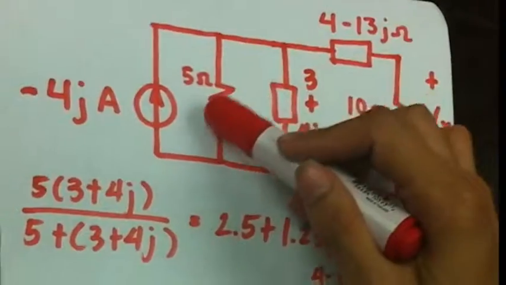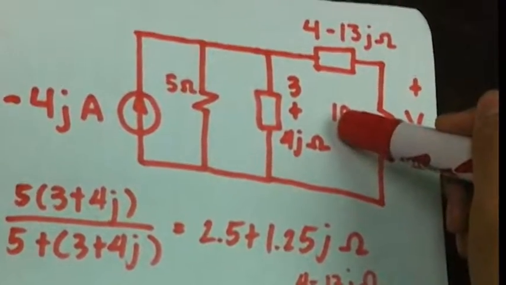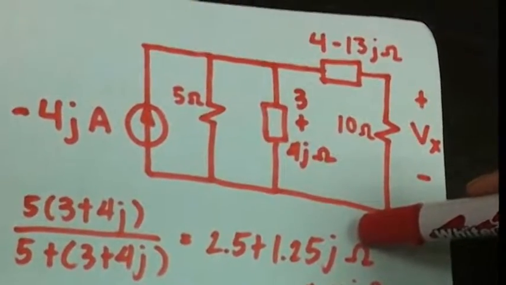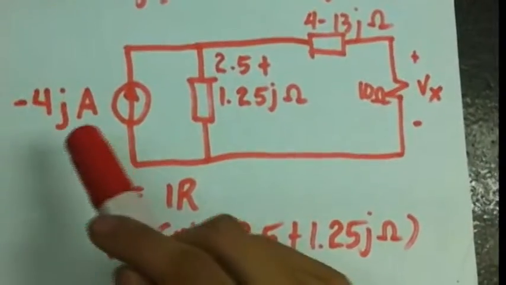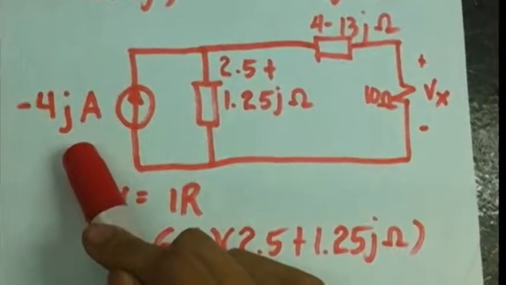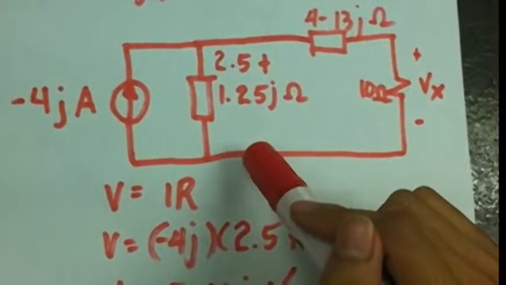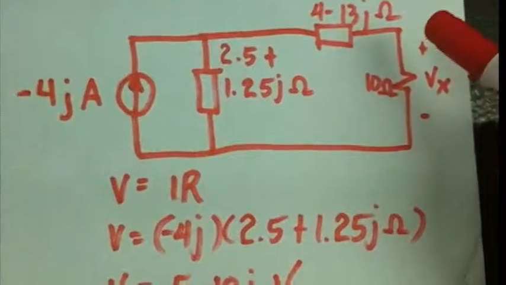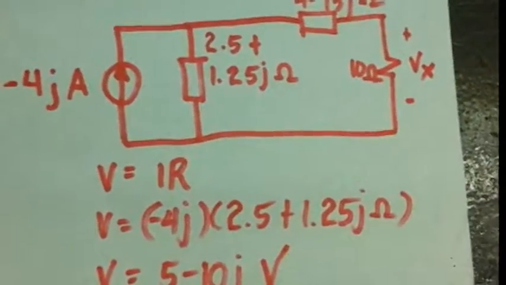We know that 5 ohms is parallel to 3 plus 4j. Simplifying this, we have 2.5 plus 1.25j ohms. Again, rewriting the circuit, we have negative 4j ampere in parallel to the new impedance of 2.5 plus 1.25j ohms and an impedance of 4 minus 13j ohms and 10 ohms.